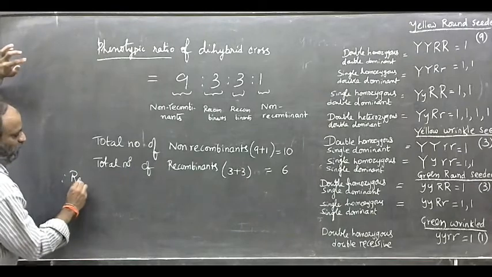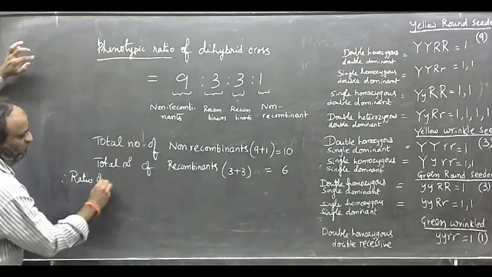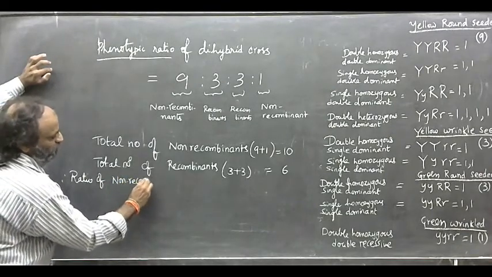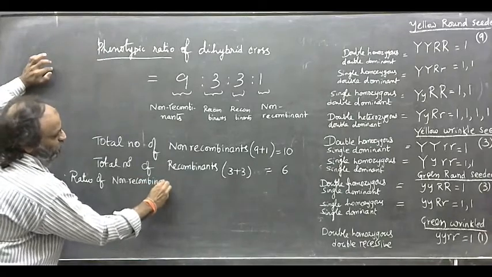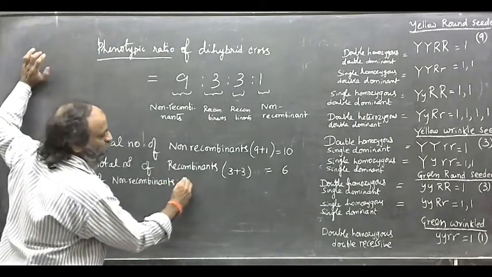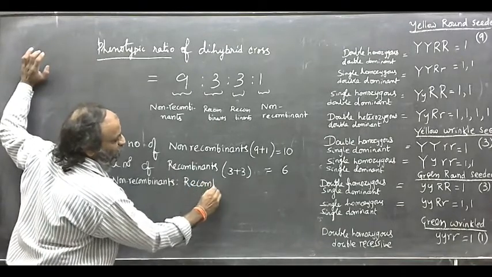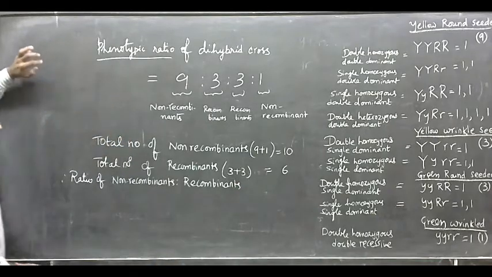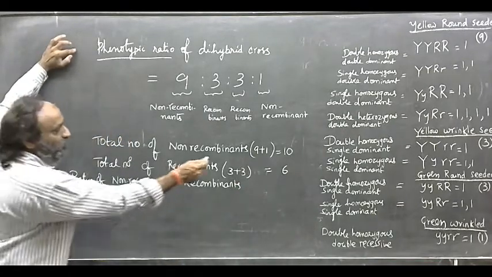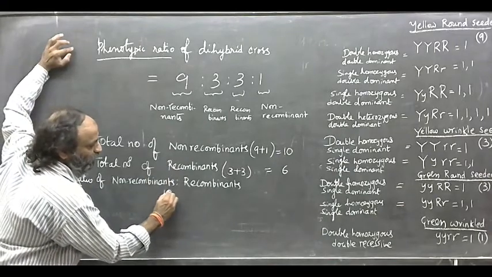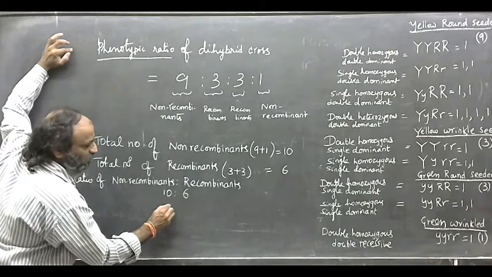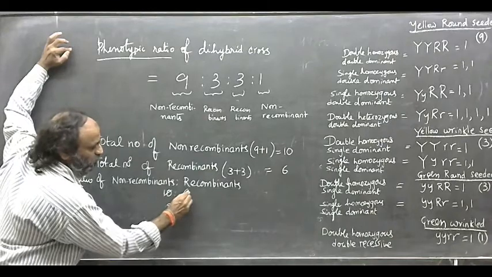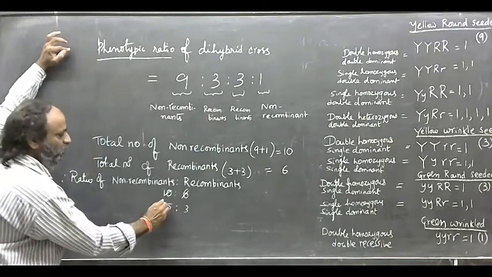Therefore, the ratio of non-recombinants to recombinants in dihybrid cross F2 generation is 10:6, that is equal to 5:3. Two fives are 10 and two threes are 6. 5:3.